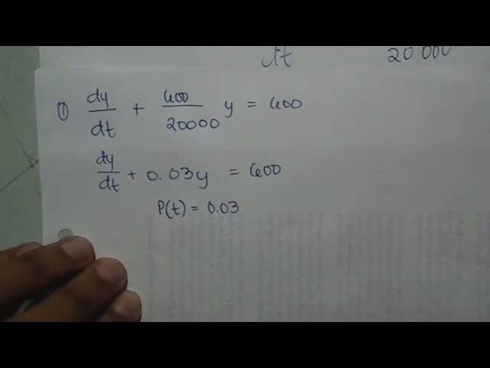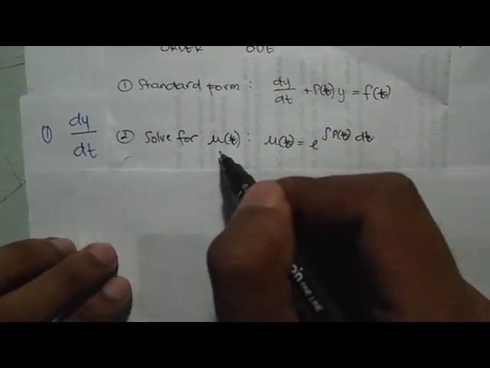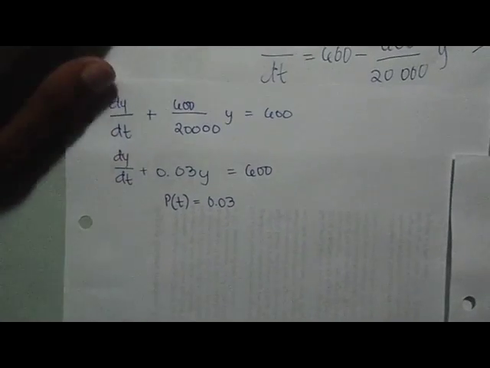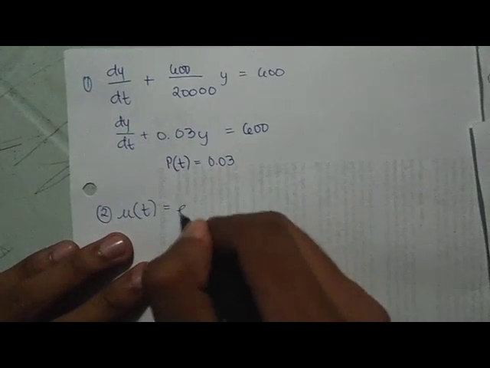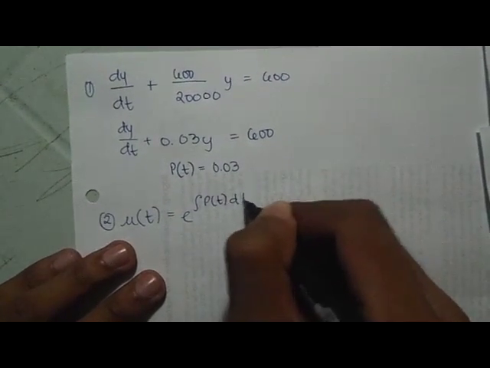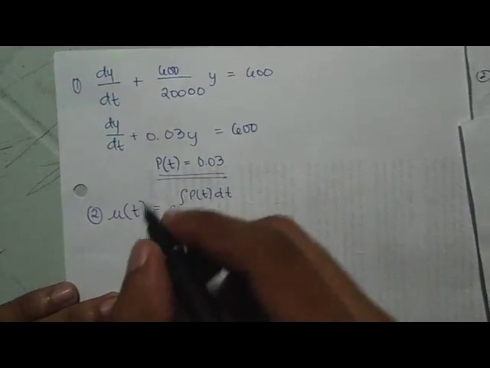So next step we have is we need to solve for mu of t, which is our integrating factor. So our step 2, we have mu of t, which is equal to e raised to the integral of p of t dt, which in our case is, as I have said, our p of t is equal to 0.03.